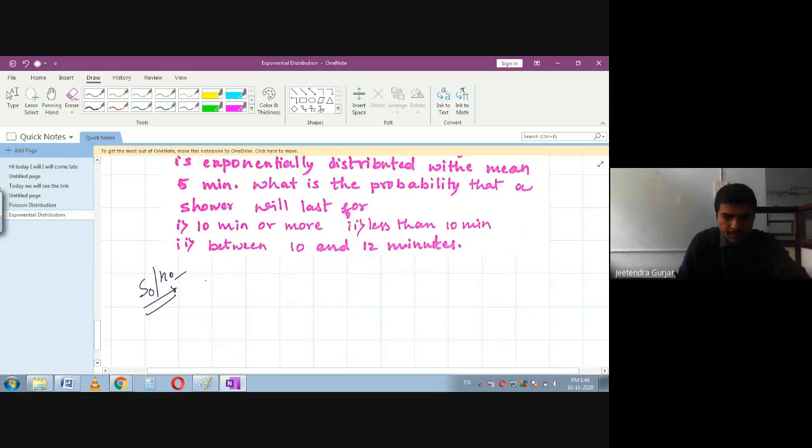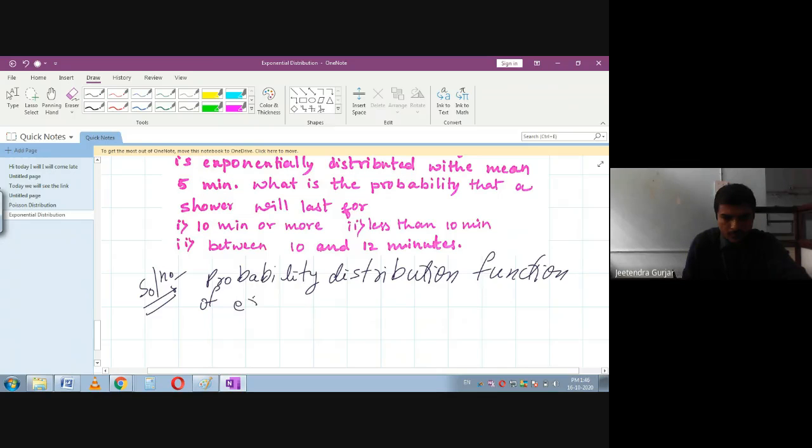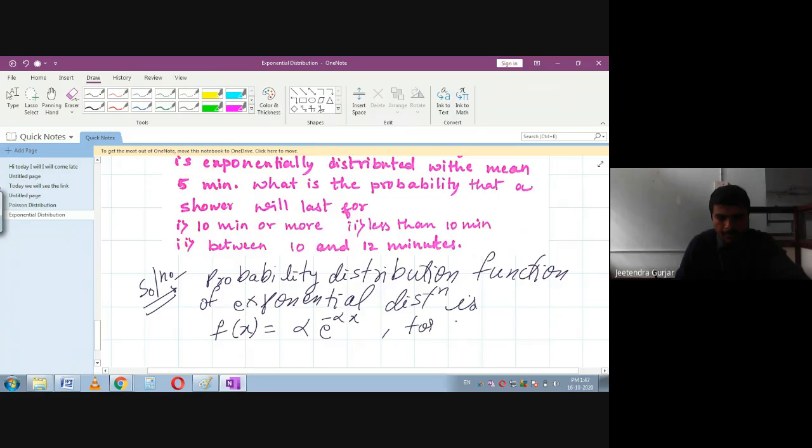What is the probability distribution function? The probability distribution function of the exponential distribution is, f of x will be, already you remember the formula, alpha into e raised to minus alpha x for x greater than 0.